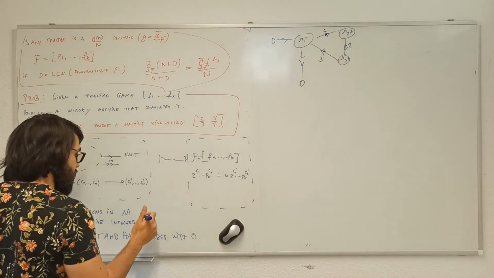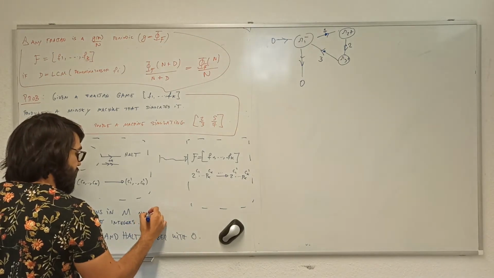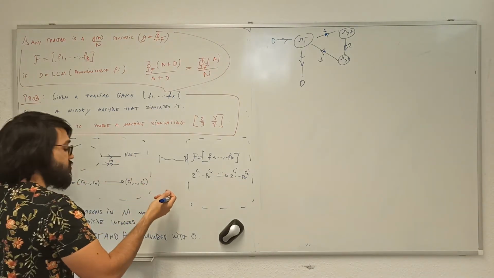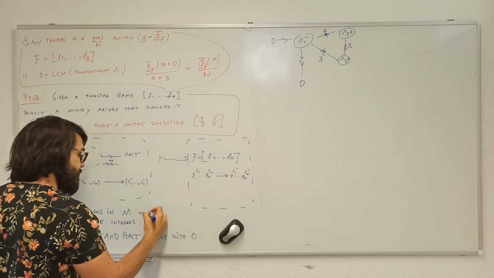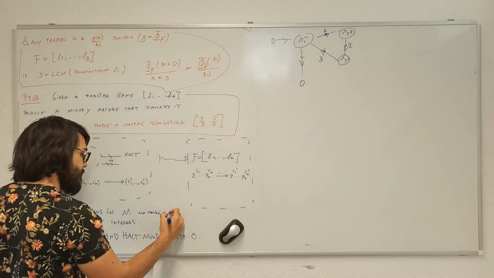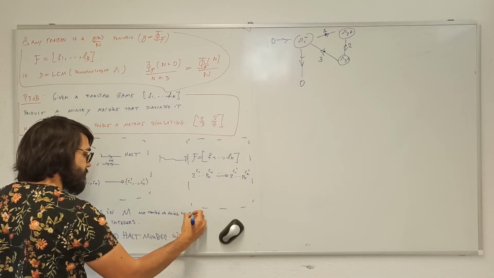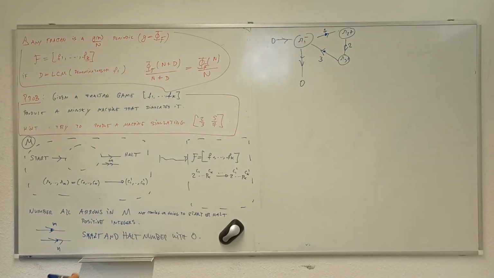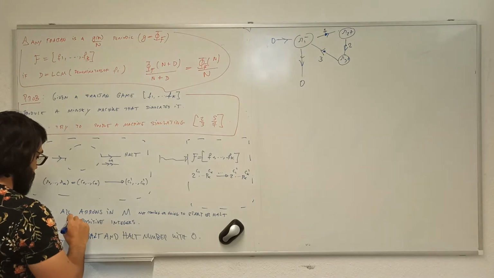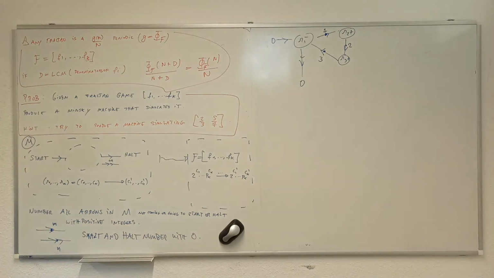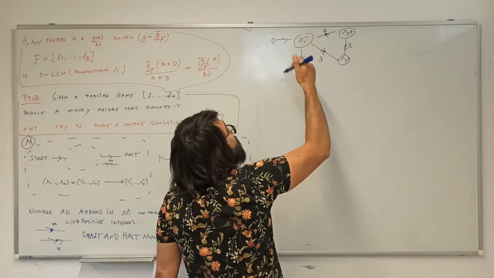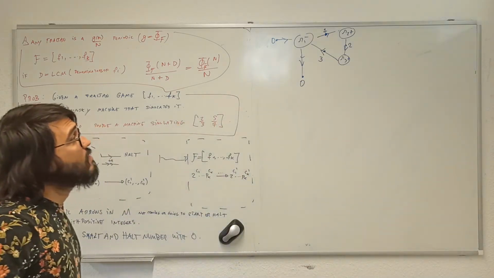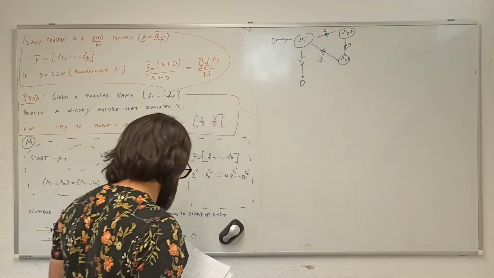Arrows in M not coming on or going to start or halt with positive integers, okay? So for start and halt, just put 0, and for the others, you get things like this. Distinct integers. So let's put just 1, 2, 3.